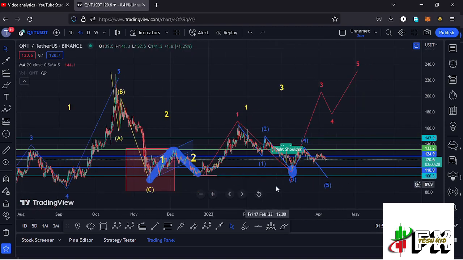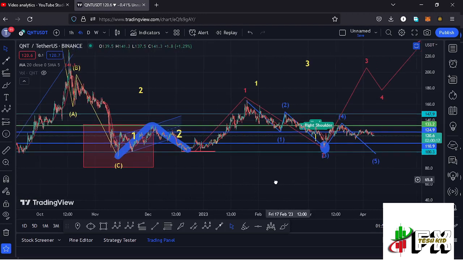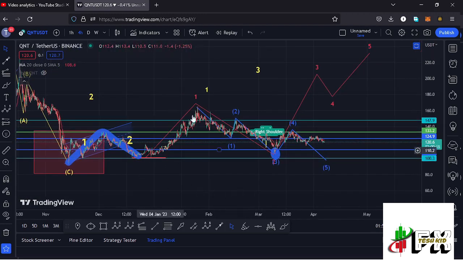And in the formation of this wave 3, you can see that after seeing our low in the formation of this wave 2 within the red target area, we saw this 1-2 setup to the upside before we started an Elliott wave structure that I have right here, having that as the first wave.